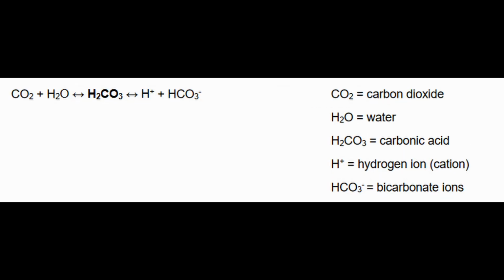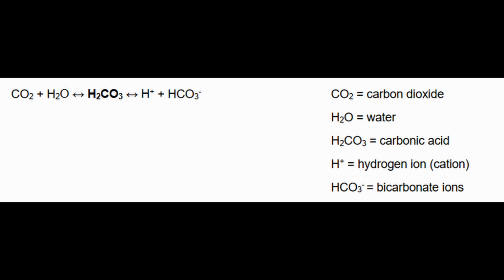So as we add CO2 into the aquarium, it increases the concentration of carbonic acid. The CO2 combines with the H2O to produce carbonic acid. If the carbonic acid increases, it also increases the loose hydrogen ions and carbonates.